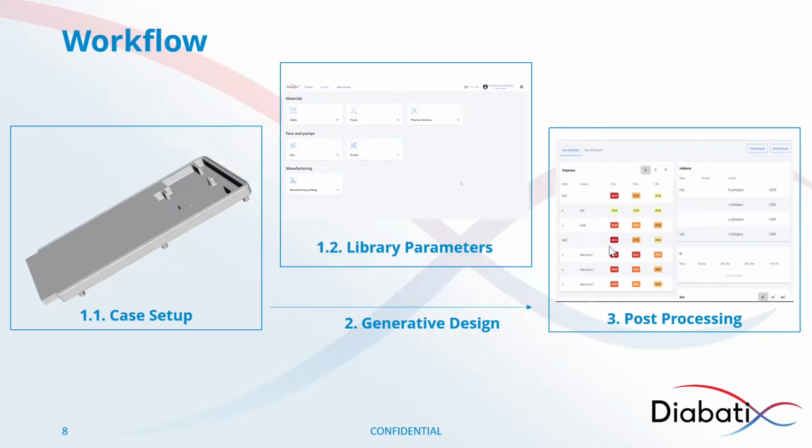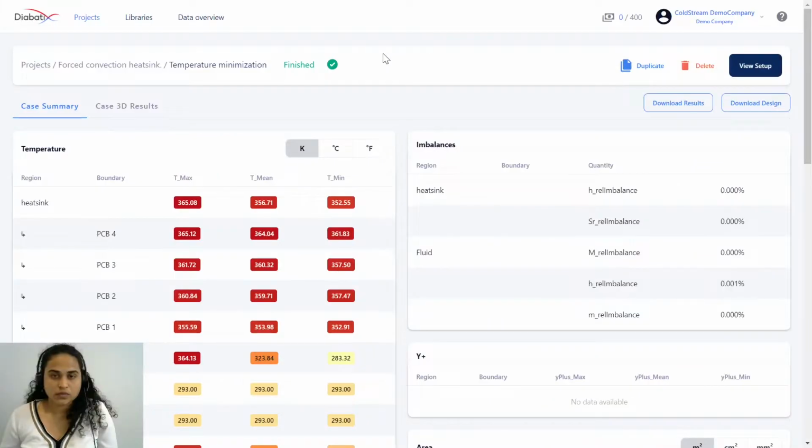When we submitted the case during the case setup, you would have noticed that it takes about 2 to 4 weeks for a finished design. I've taken the liberty to already run the same case earlier this month. I already set up the case and I have the results.